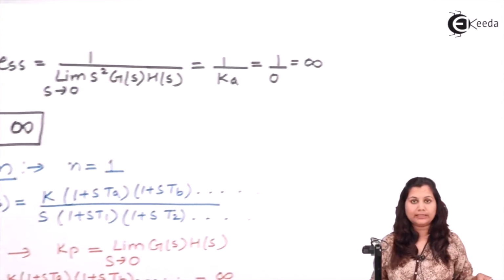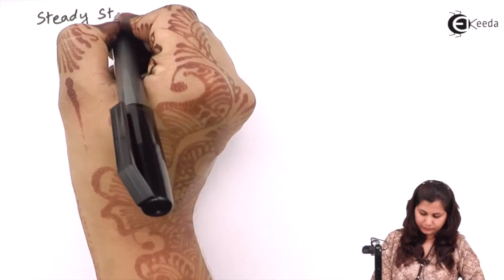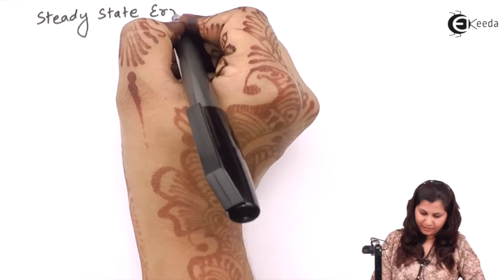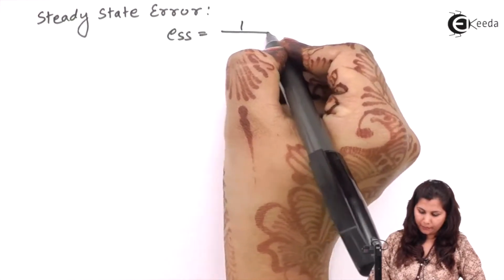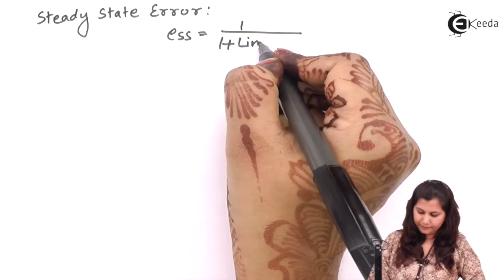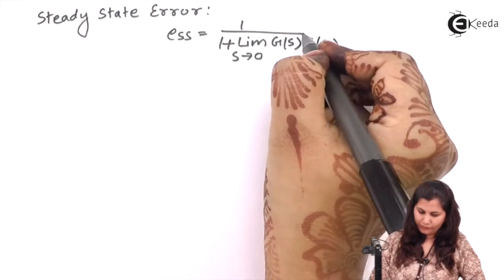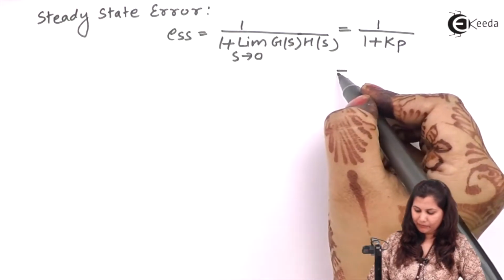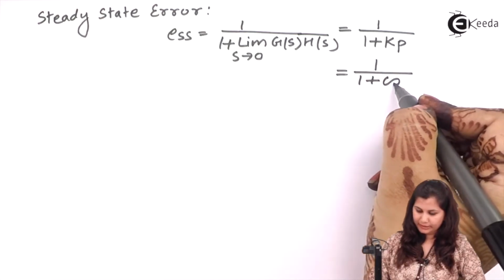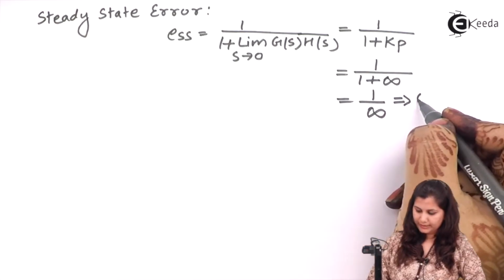Now calculate the steady state error. So steady state error ESS equals 1 upon 1 plus Kp, and Kp we are having here as infinity, so it will be 1 by infinity, or we can say it is equal to 0.